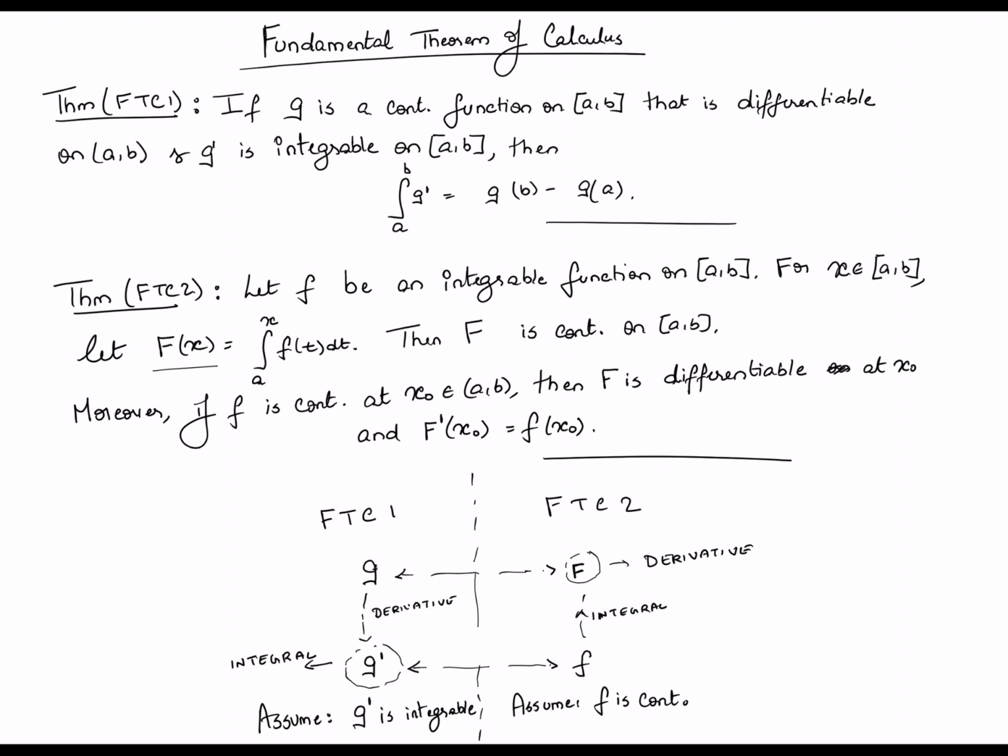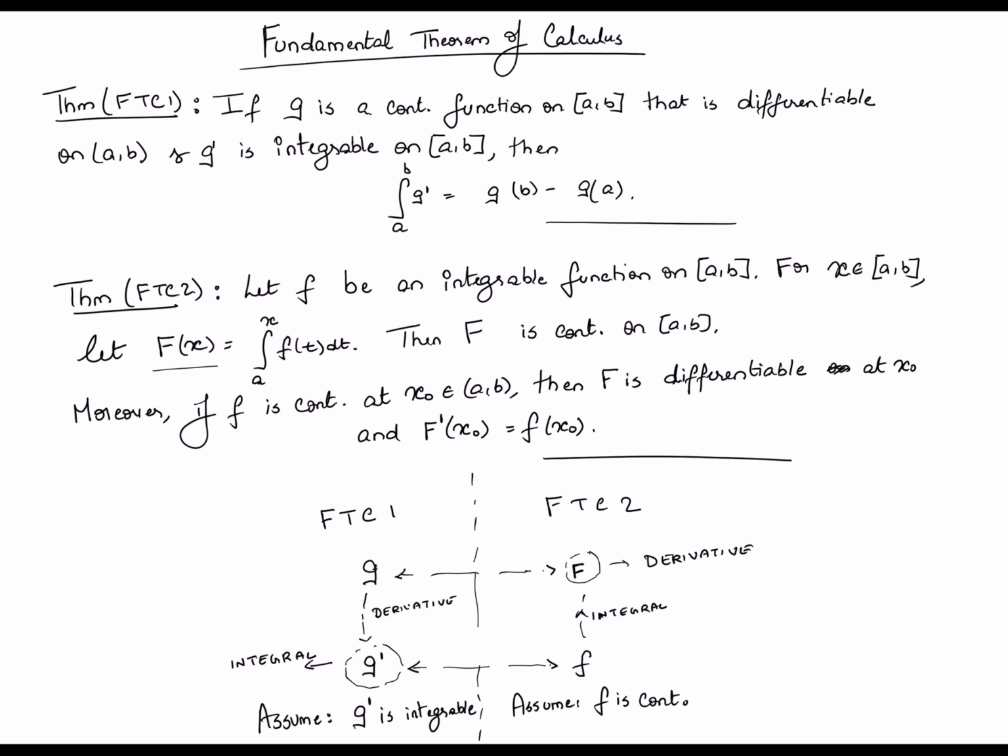So the function that plays the role of the derivative in both of these theorems, the hypothesis is different, okay? Specifically, you only need that g prime is integrable in the case of FTC1, whereas for FTC2, I need that f is in fact continuous. And in fact, it is only at points of continuity of f that the derivative of its integral matches its own function value, right? So there is that distinction between the statements of FTC1 and FTC2.